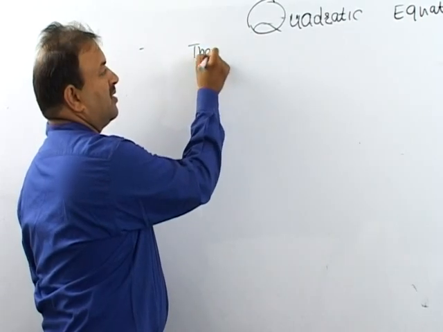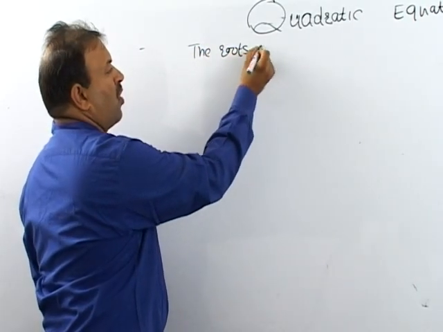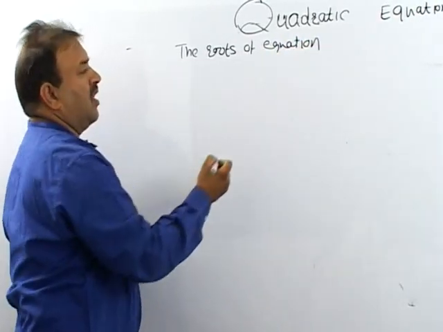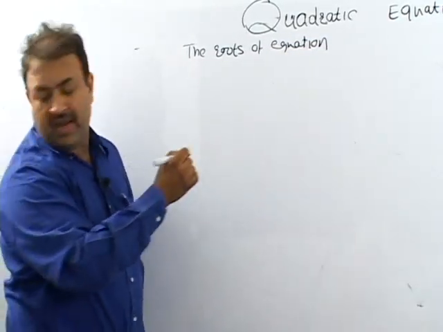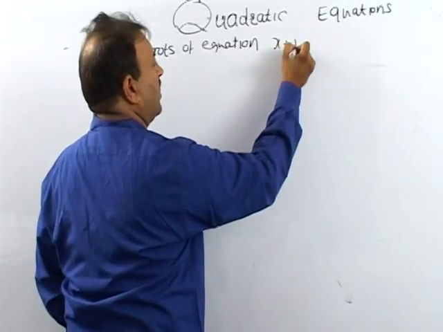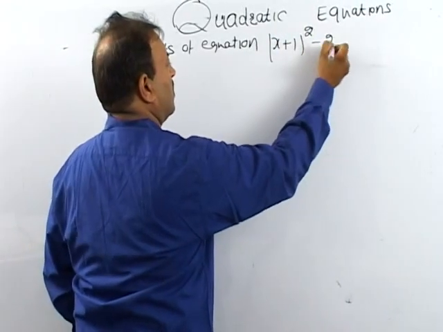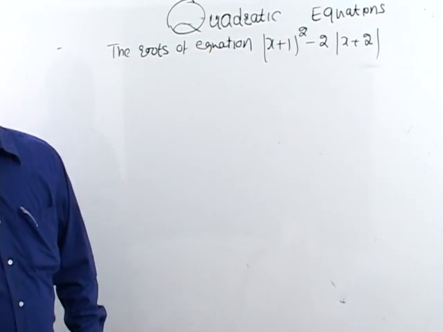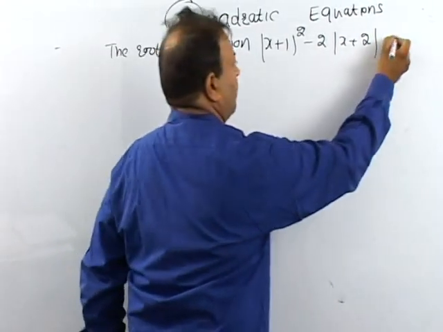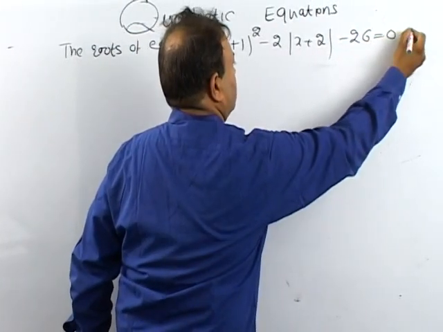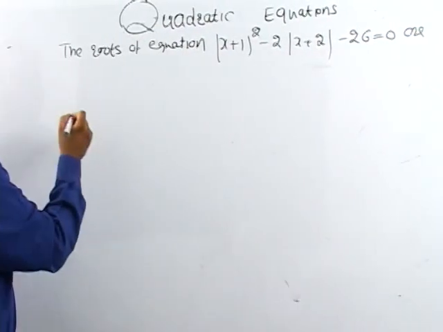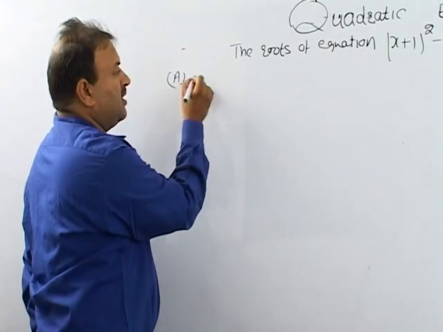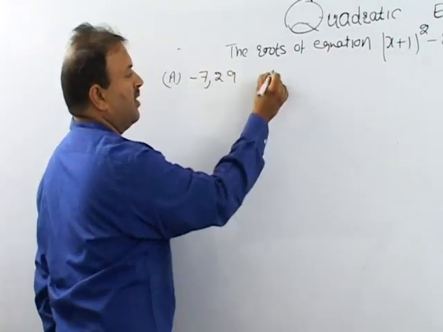The question is: the roots of the equation (modulus of x plus 1) whole square minus 2 modulus of x plus 2 minus 26 is equal to 0 are. Option A is minus 7 and 29.